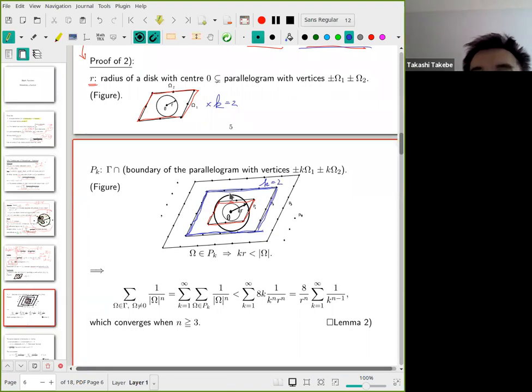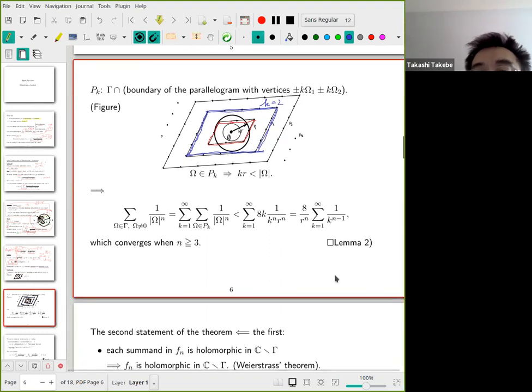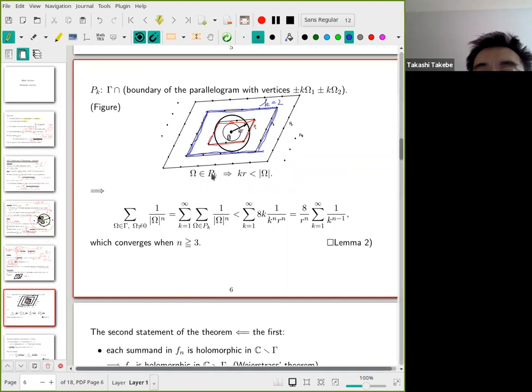And the circle with radius 2r is included in this parallelogram. So P_k is a parallelogram with these vertices.